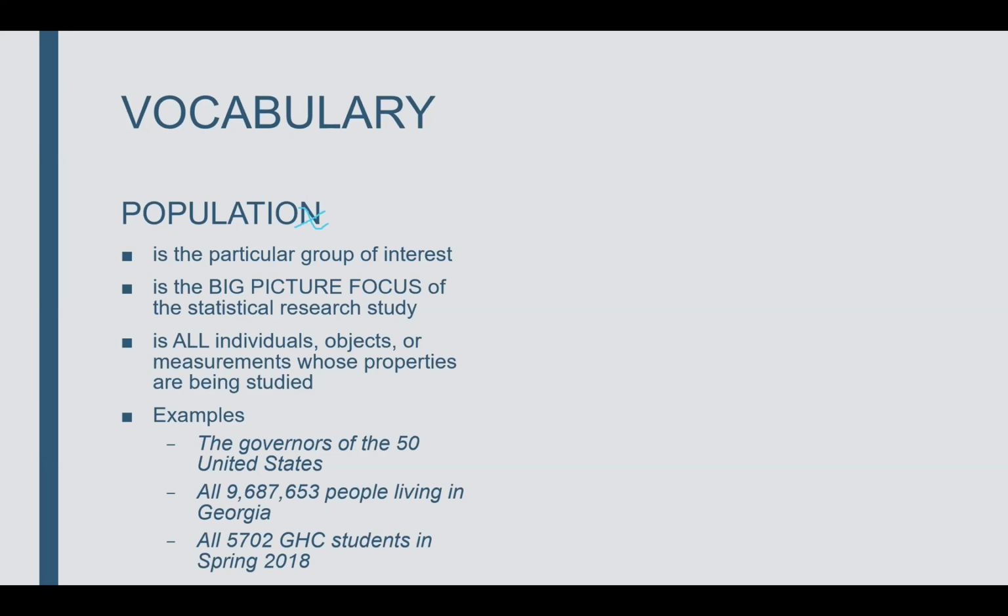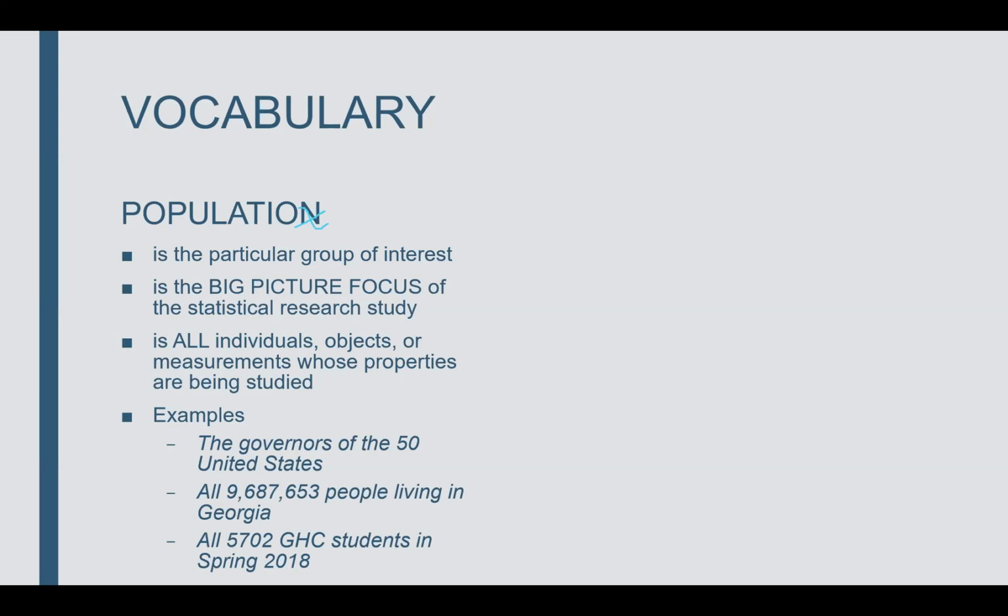Part of the reason is it's so expensive. The other reason is it can take that long to analyze all of the information that they get. So it would be pointless to try to do it year after year. So again, when you're dealing with the population, it's difficult, if not impossible, to get information from every single person in that group. Now, we'd love to do that, but again, it's challenging.